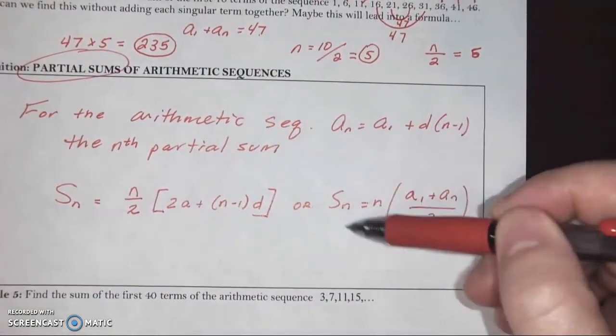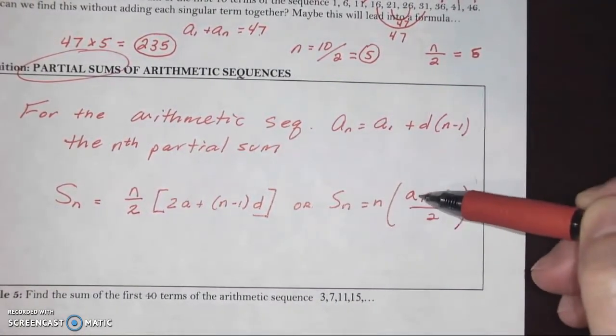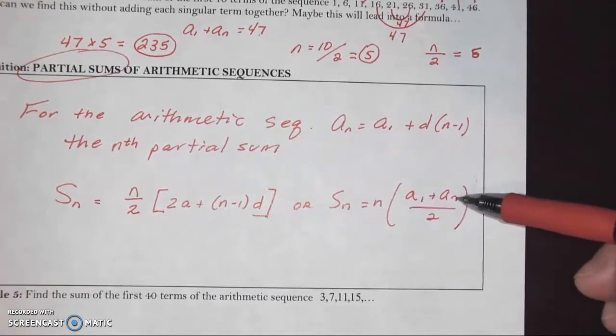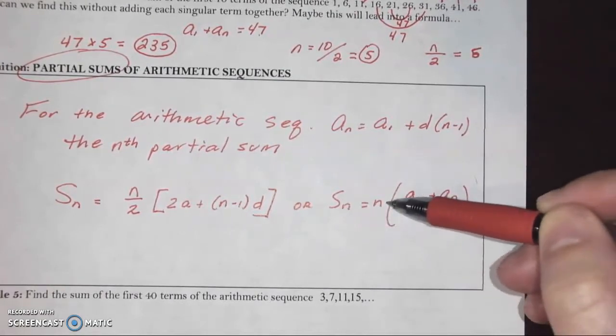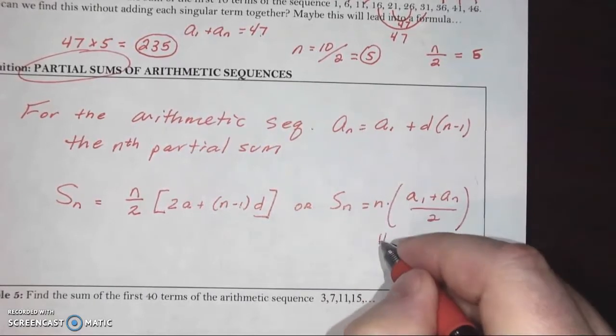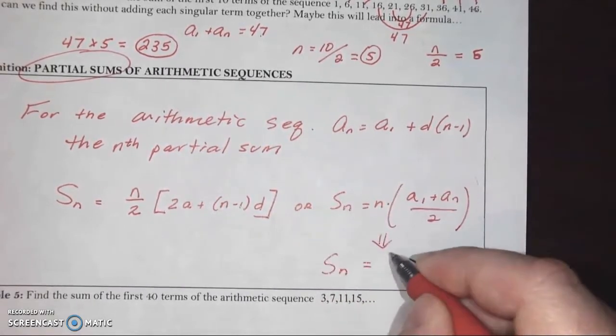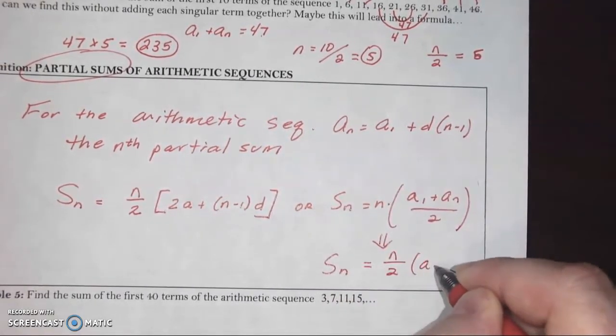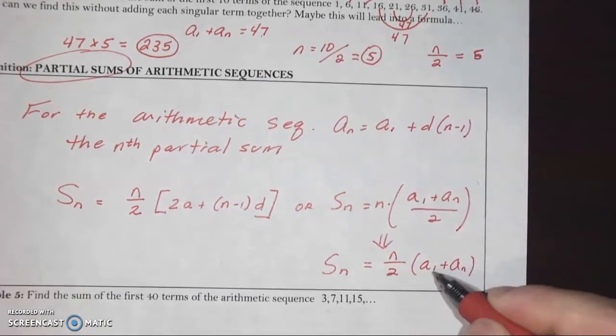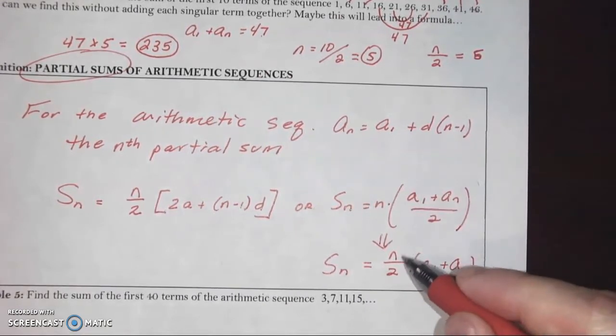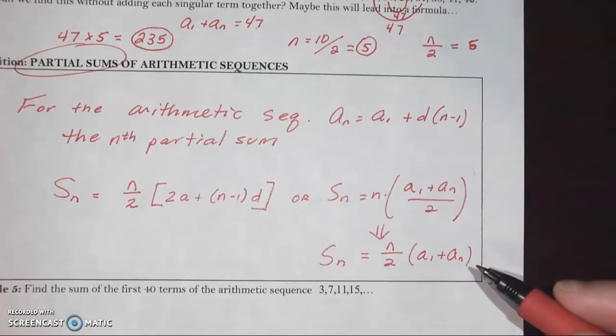I would say it's this one. Taking the first term plus the nth term, divided by 2, and then multiplying by n, wouldn't that be the same as adding the first term and the nth term and then multiplying by half of n? Yes, it would be the same.